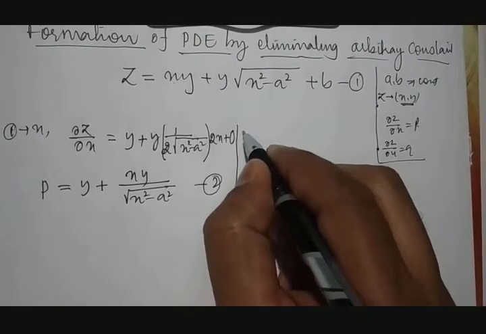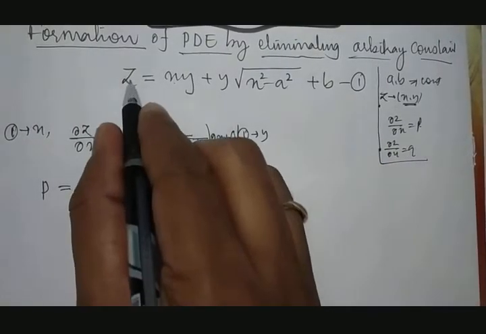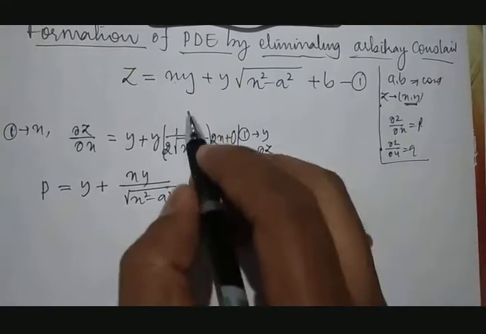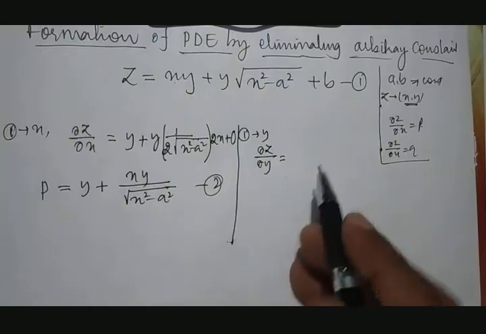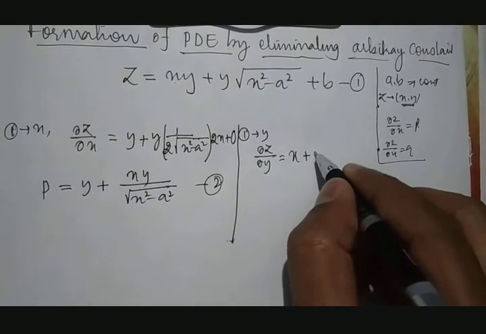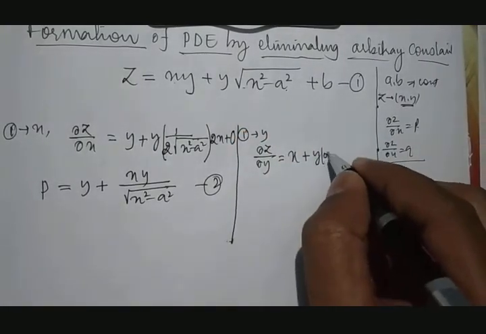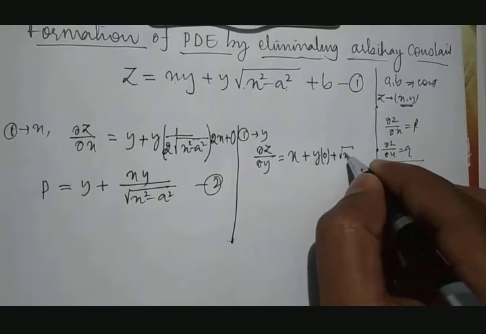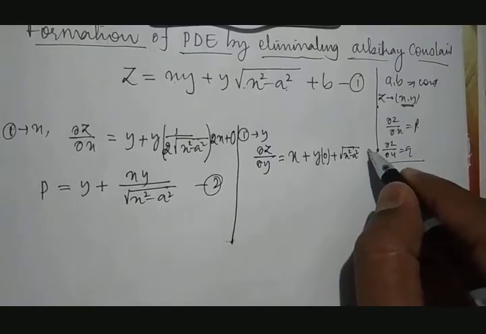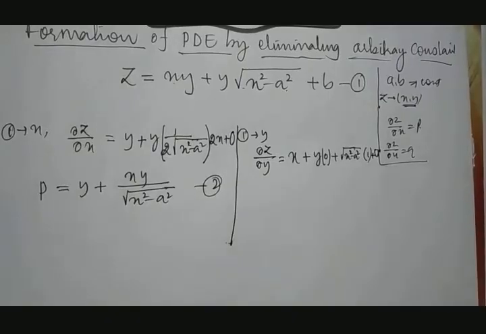Similarly, let us differentiate equation number 1 with respect to y. Then what we get? Differentiation of z with respect to y is equal to differentiation of x into y with respect to y, which is x, plus, if we keep y common, differentiation of this square root with respect to y will be 0, plus root of x square minus a square common and differentiation of y will be 1, plus arbitrary constant is 0.